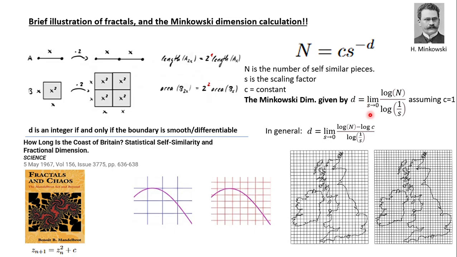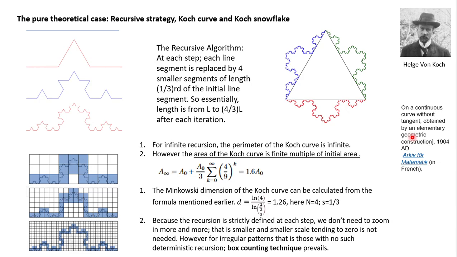Now we have to use this limiting term because we can go without it if we are measuring a smooth curve, but for a rugged curve it is defined because zooming in more and more is essentially equivalent to making finer and finer grids, so the scaling factor tends to 0, and then the log relation with the number of self-similar pieces gives us the Minkowski dimension.